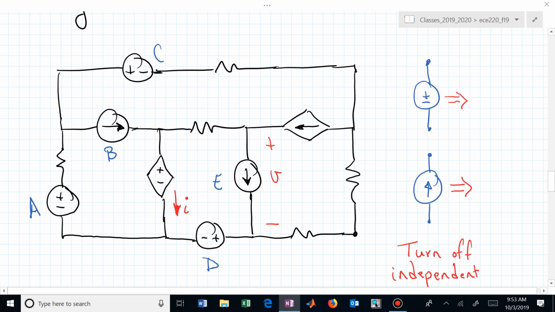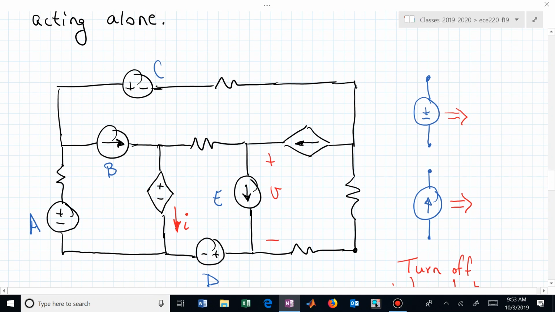In pictures, here's a circuit. We have 5 independent sources, A, B, C, D, and E. Some are voltage sources, some are current sources.